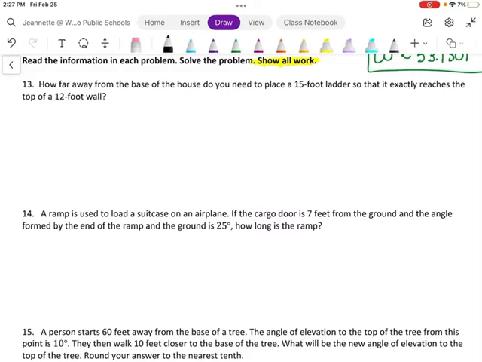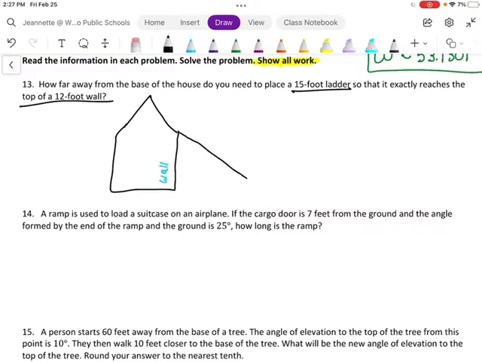So our first problem, number 13, how far away from the base of a house do you need to place a 15-foot ladder so that it exactly reaches the top of a 12-foot wall? So if we have our house and we have this wall over here, we are going to be leaning a ladder up against it.